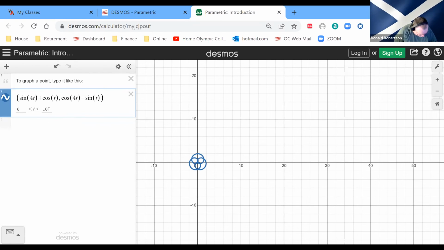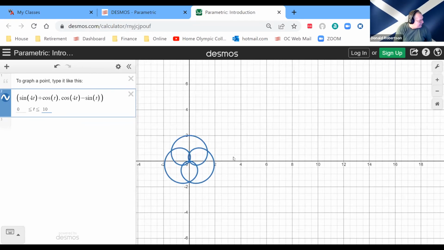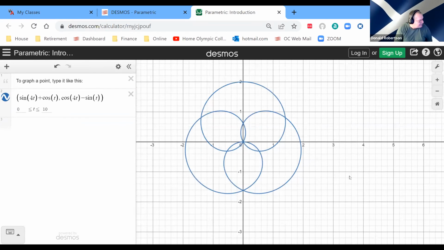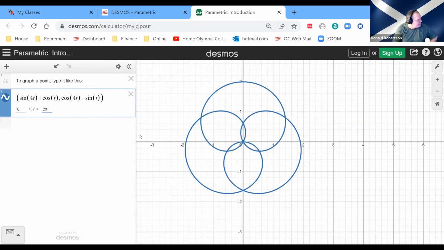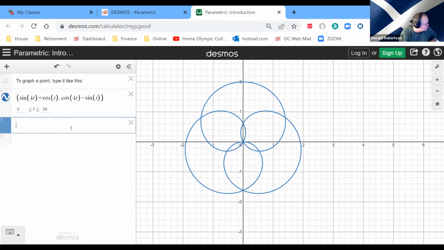Okay, and we're only interested in pi, so I'm going to do just this one. Oh, would you look at it? Isn't that a cute little shape? Anyway, I'm only interested in pi here, right? So maybe I'll just make it to 2 pi. There. So that's what the curve looks like.